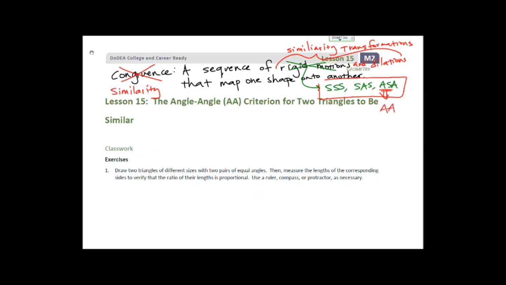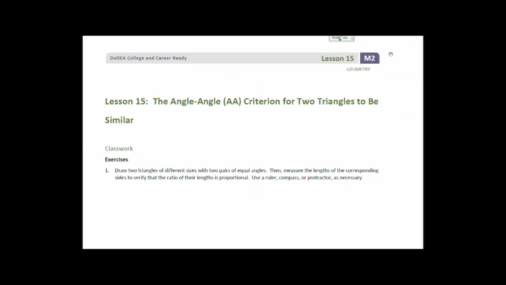I'm going to draw some pictures, and if you want to follow along with your student materials, use the page before this. There's a blank page you can use. I want to remind you that we started this unit by talking about dilations.